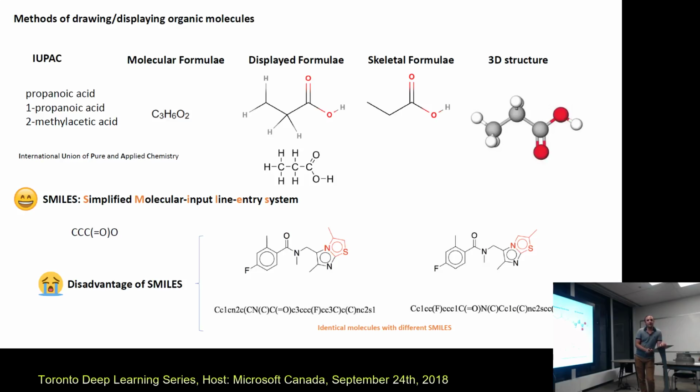The last method that is very common, and is commonly used for designing molecules in silico using computers, is the SMILES line, or SMILES representation. SMILES stands for Simplified Molecular Input Line Entry System.